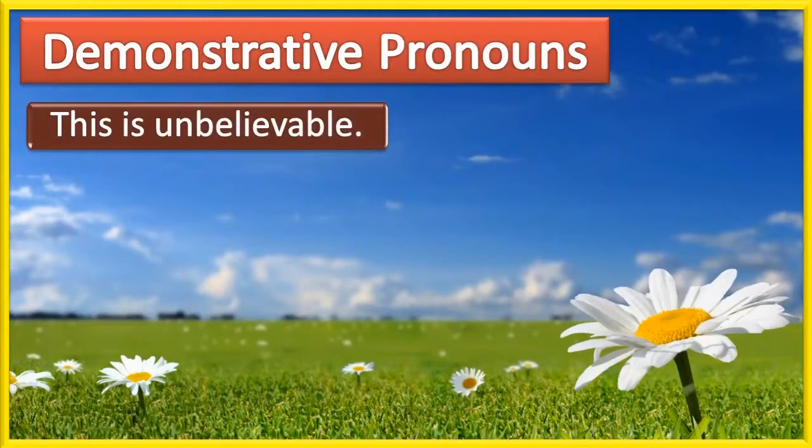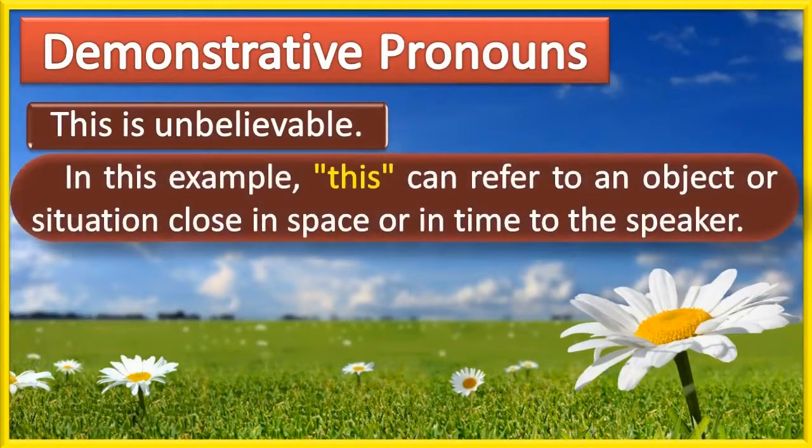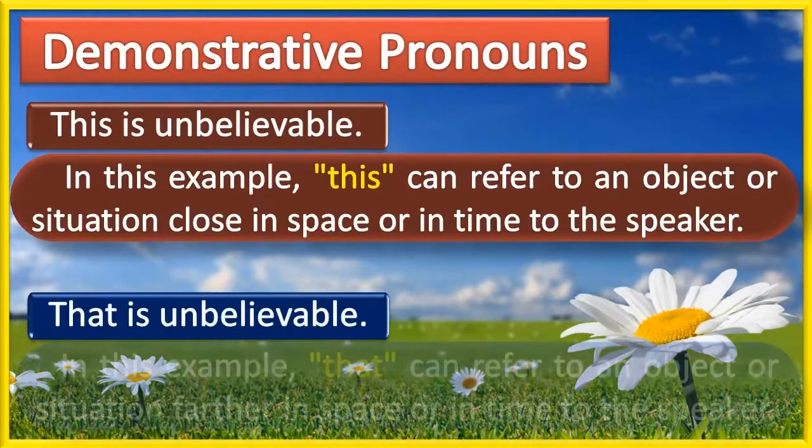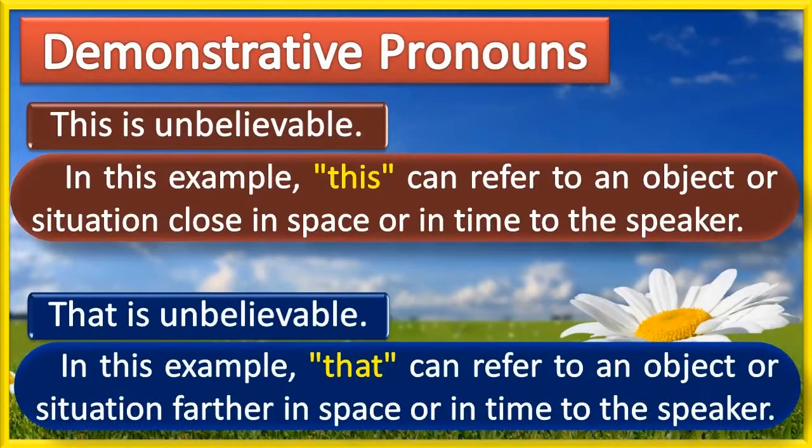This is unbelievable. In this example, this can refer to an object or situation close in space or in time to the speaker. That is unbelievable. In this example, that can refer to an object or situation farther in space or in time from the speaker.